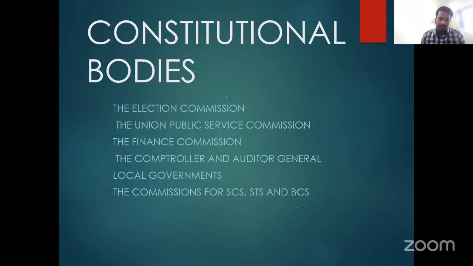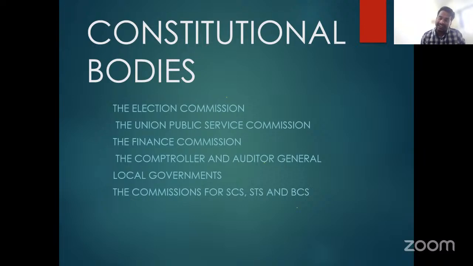Next, coming to the National Commission for ST. Through the 89th Constitutional Amendment Act, on 19th February 2004, the National Commission for Scheduled Tribes was set up. The National Commission for SC is under Article 338.